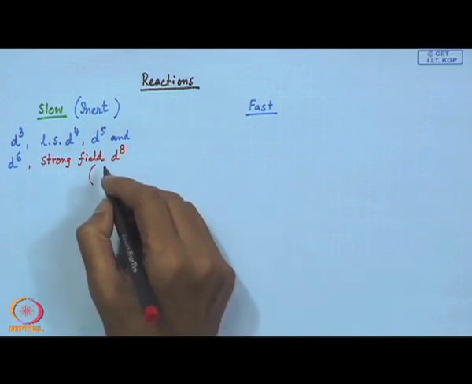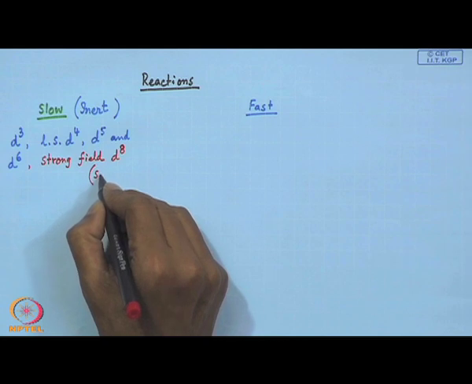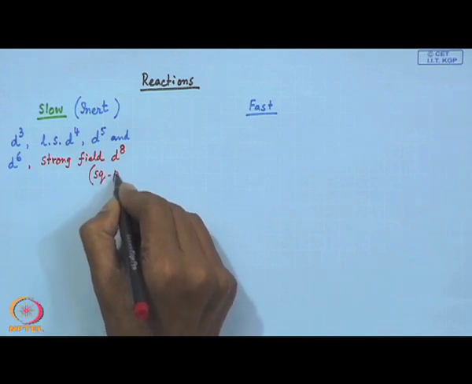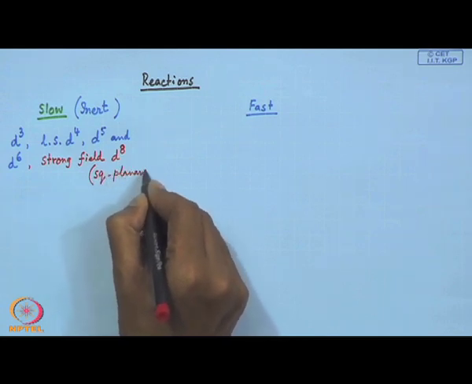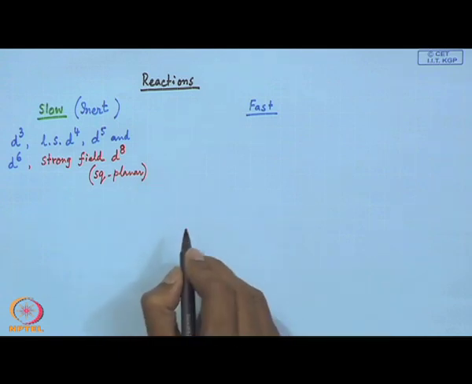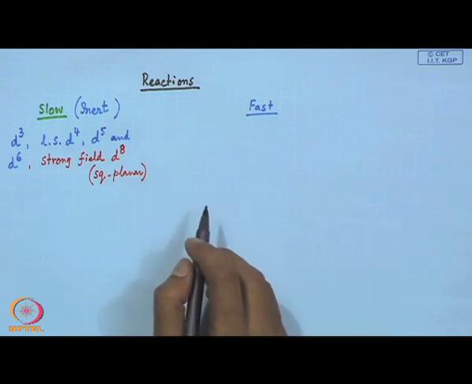Definitely in strong field D8 configuration, in most cases we get the square planar complexes such as several platinum and palladium compounds.